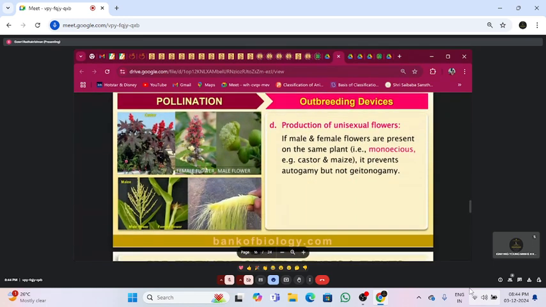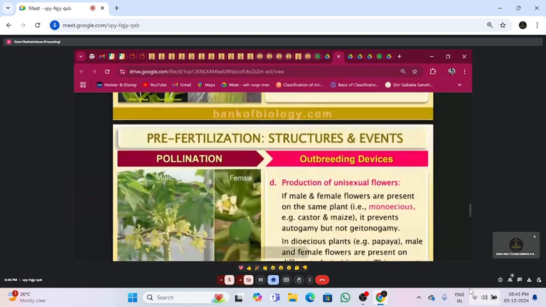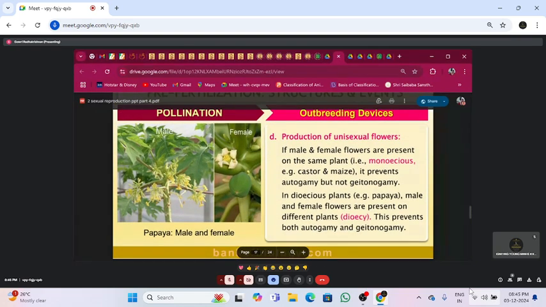And the production of unisexual flowers in some plants, like papaya, castor, and maize. Male and female flowers are present in the same plant, like castor or maize. And some plants are dioecious.